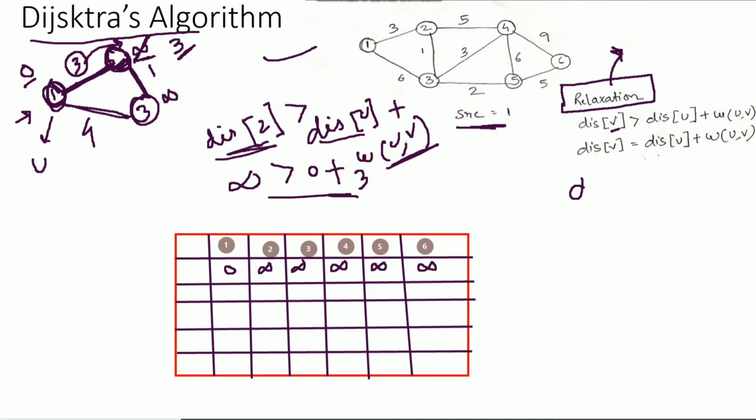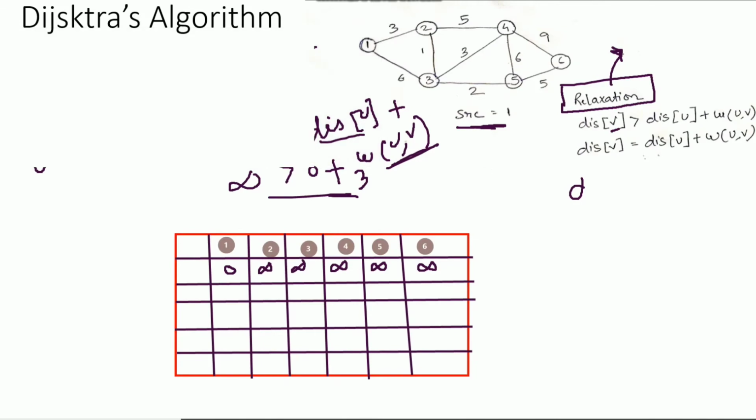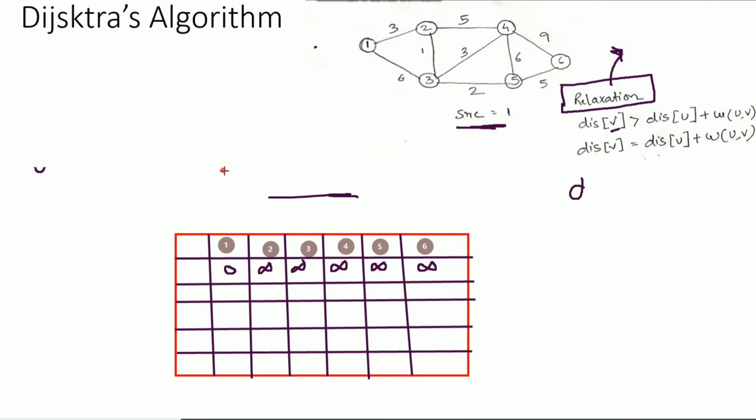In order to implement Dijkstra algorithm, we can use a priority queue data structure, which is nothing but a min heap data structure, in order to extract the vertex having minimum distance value. Before understanding the algorithm, let's understand how we can solve the problem if we are given a graph and the source vertex.